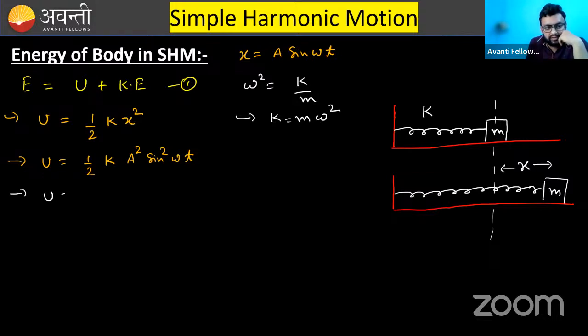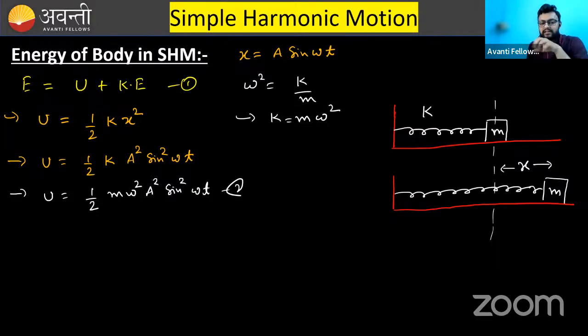So it will become U equals half, k is m omega square, A square sine square omega t. This is what we get as potential energy. You can see potential energy is also a function of sine. I will come to this point later.